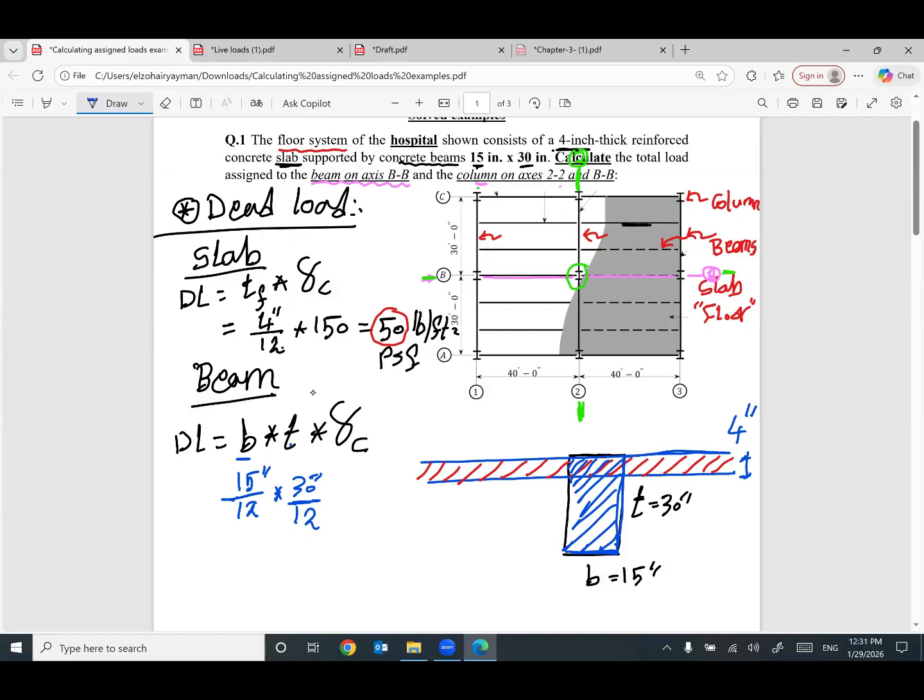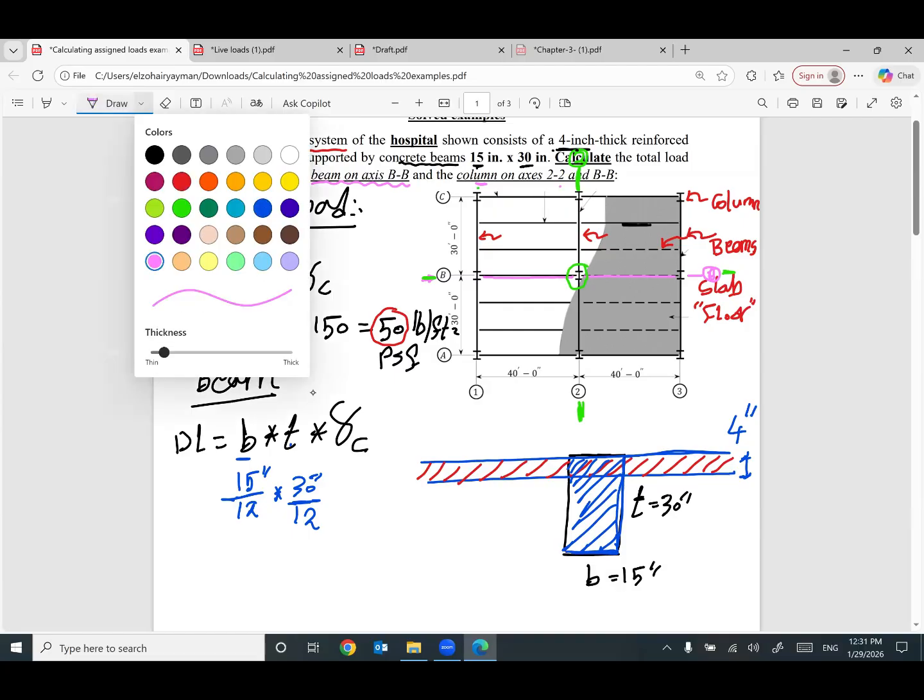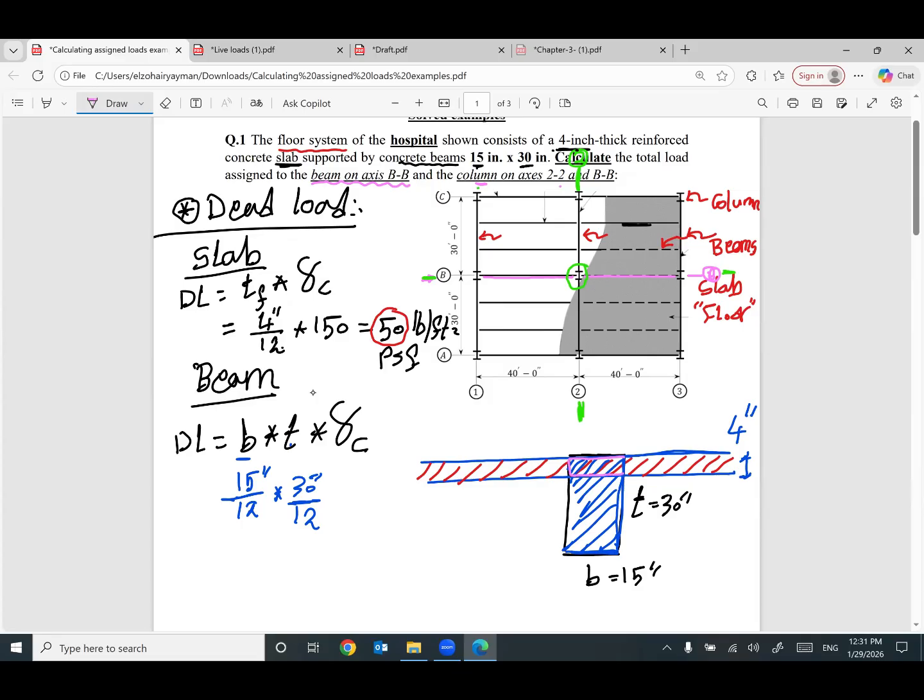That means we have a part here which is counted 2 times. This part of the concrete is counted 2 times. One with the slab, and now one with the beam. So this is the reason why I said your calculations were, I'm not saying it's wrong, but it's not accurate.